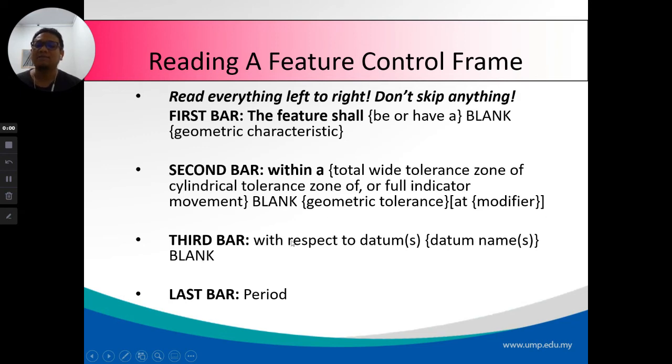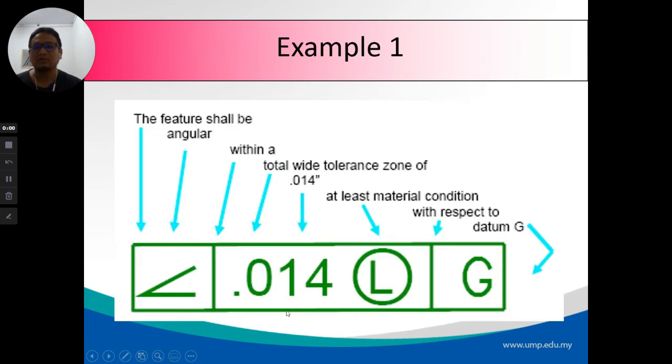The third bar has with respect to datums, and lastly, stop. Let's look at an example. The feature shall be angular, within a total wide tolerance zone of 0.014 at least material condition with respect to datum G.